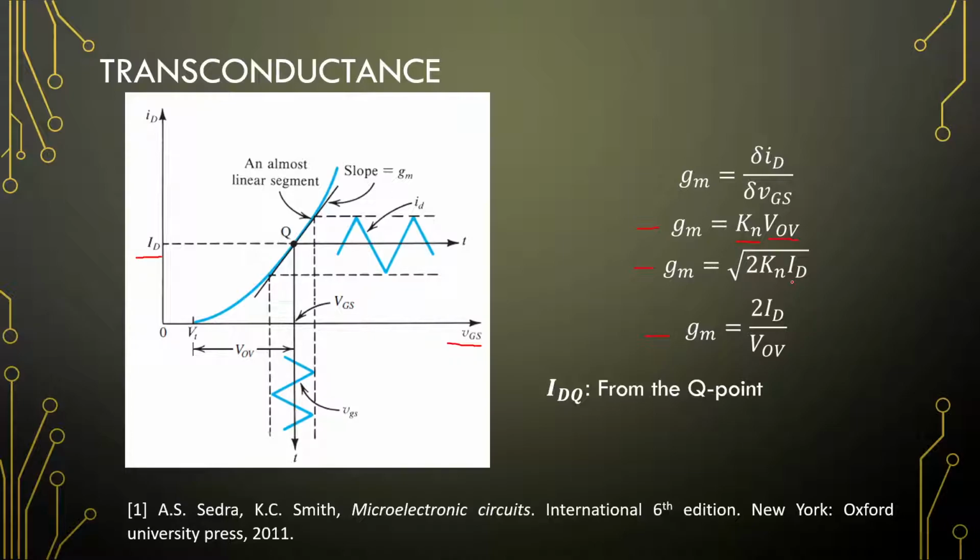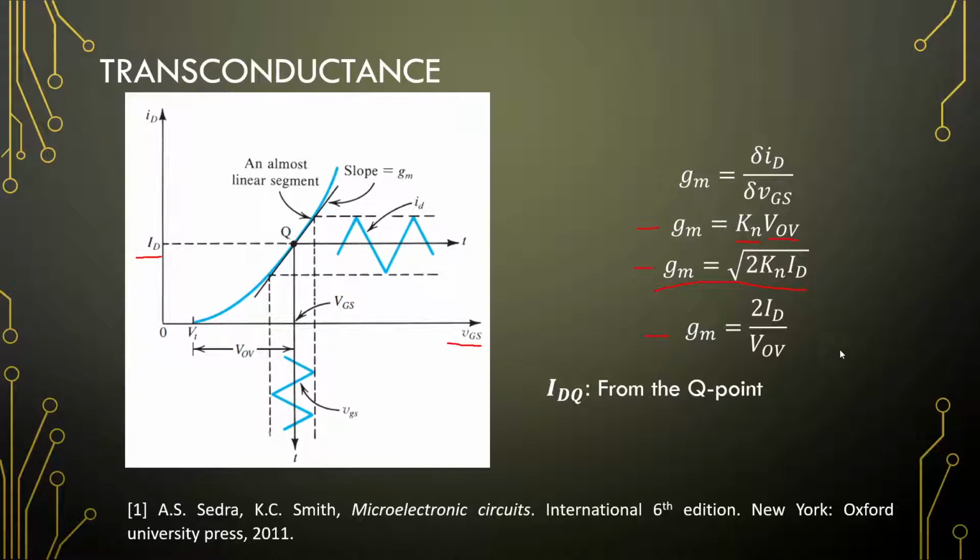So if you calculated VGS and you know VTN, you can easily calculate the transconductance from that. I typically use this one with the drain current, so the root of 2 times KN ID. And you can also use 2 times the drain current divided by the overdrive voltage. So there are three equations to determine the transconductance of a MOSFET.